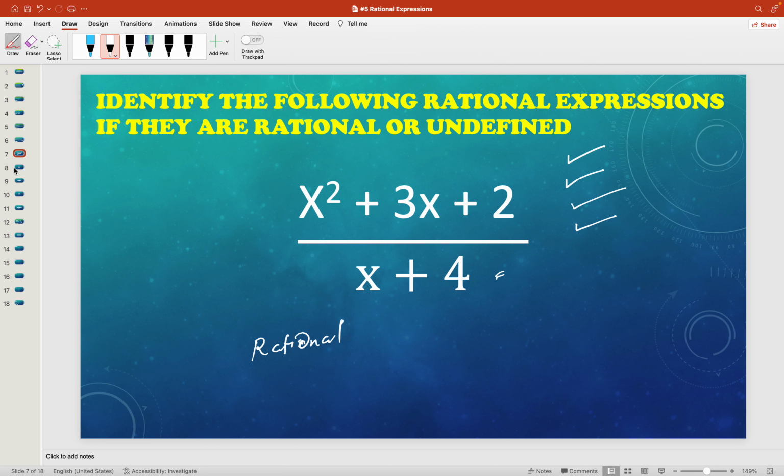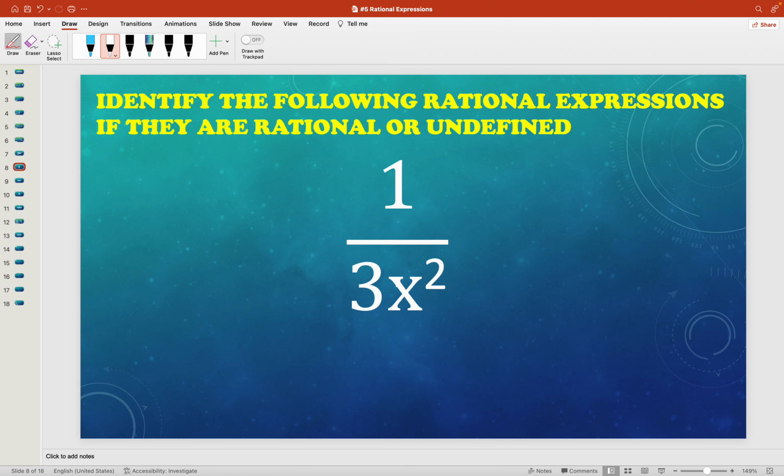Next, if we have 1 over 3x squared, first rule, the exponent is not negative, the exponent is not a fraction, the variables are not inside the radical sign, and the denominator, or the value of g of x, is not equal to 0. So 1 over 3x squared is rational.